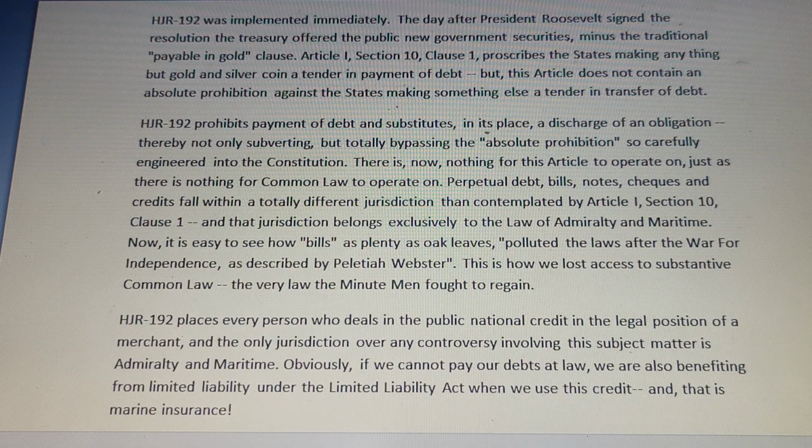Now it is easy to see how bills as plentiful as oak leaves polluted the laws after the war for independence, as described by Pelatiah Webster.